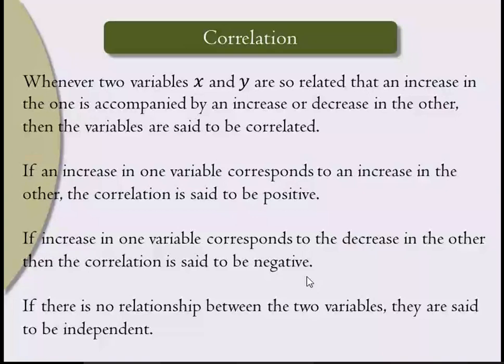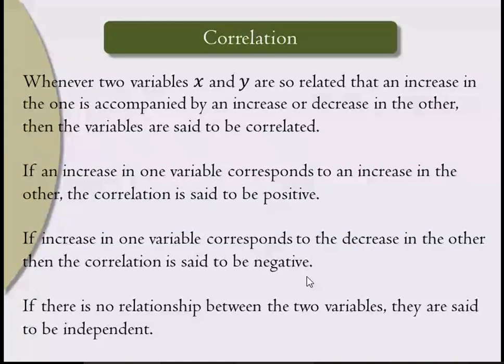Okay, because many times while doing practicals or some experiment, there are many outcomes we are getting from that experiment. And if you want to check whether one depends on the other or not, whether one is related with the other or not, for that this correlation is used.